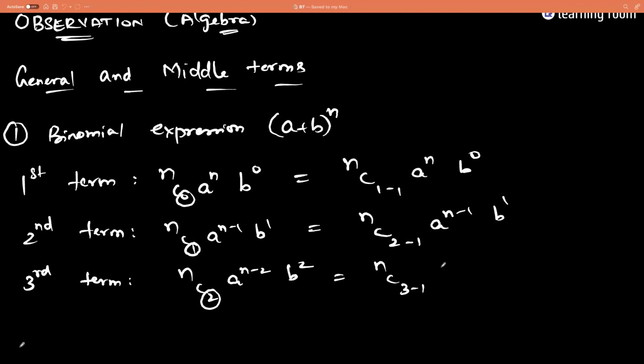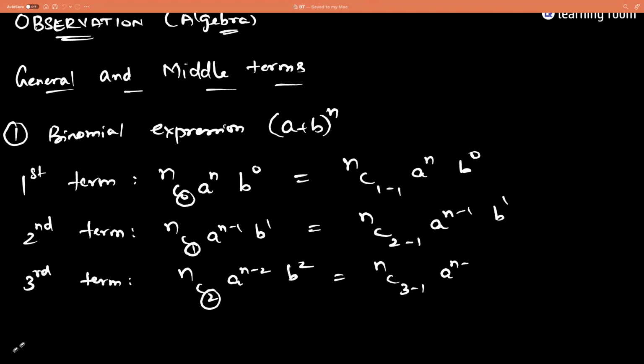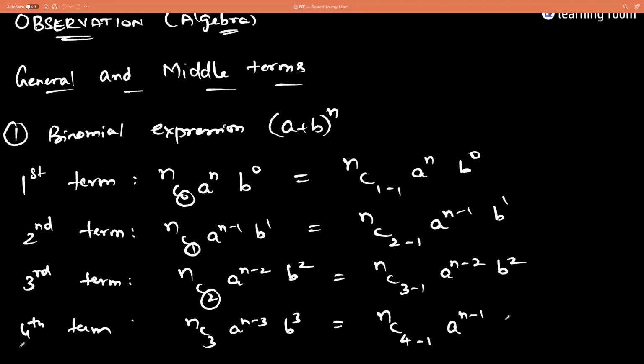That's right. So nC(3 minus 1) into a power n minus 2 into b square. Like this, I will write another term. Fourth term, what will it be? It will be nC3 a power n minus 3 b power 3. Correct? So can I write this as nC(4 minus 1) a power n minus 3 b cube? Yes or no?